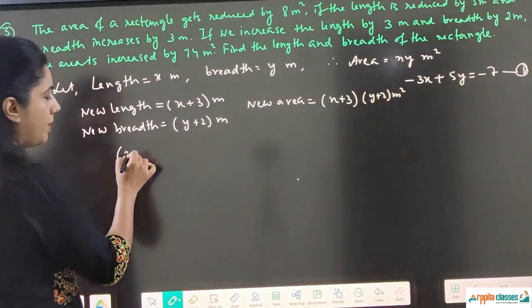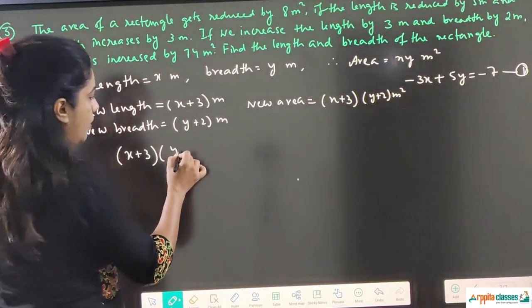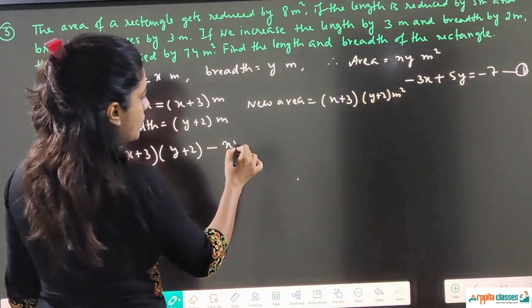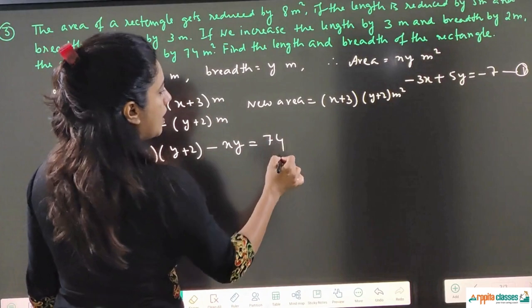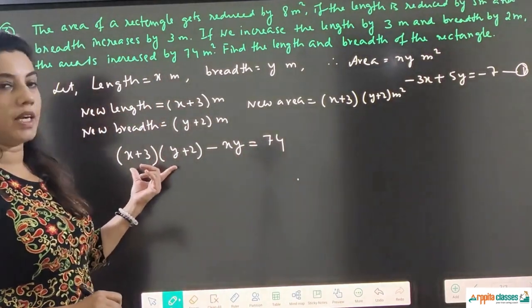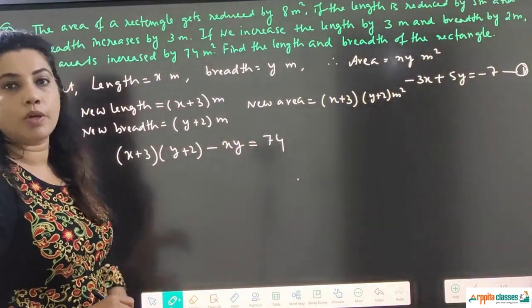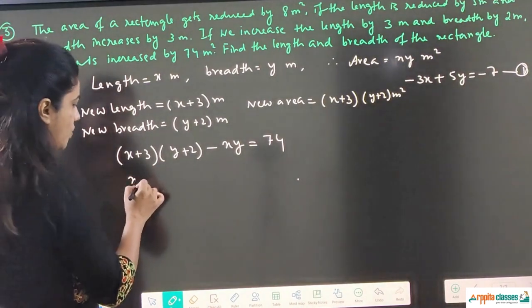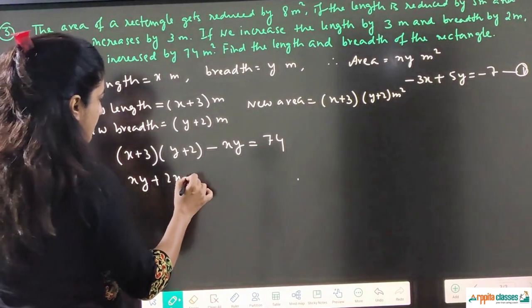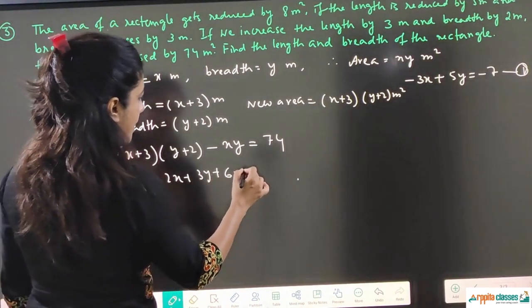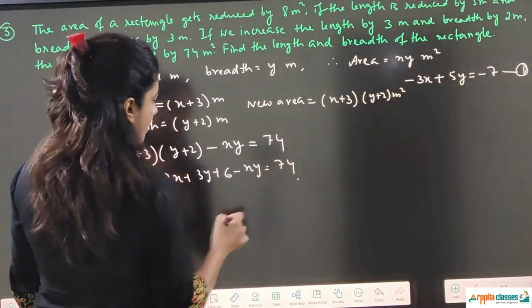So the equation will become x plus 3 into y plus 2 minus the original area xy is equal to 74. Now the new area is more, so more minus less is equal to how much more. Let us solve. xy plus 2x plus 3y plus 6 minus xy is equal to 74.